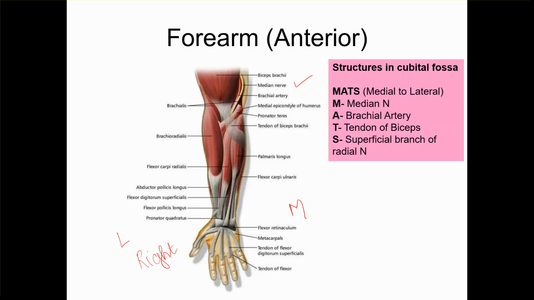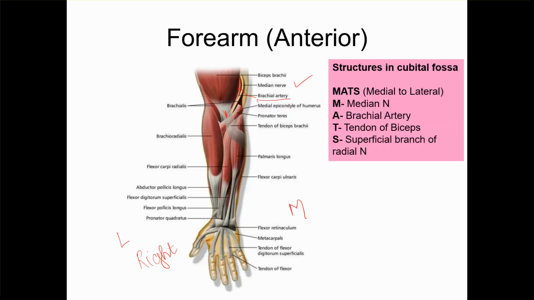So from medial to lateral we have the median nerve, then A is the brachial artery. You can see this red one over here, so this is the brachial artery. Then T is the tendon of biceps, the white structure you're seeing over here.